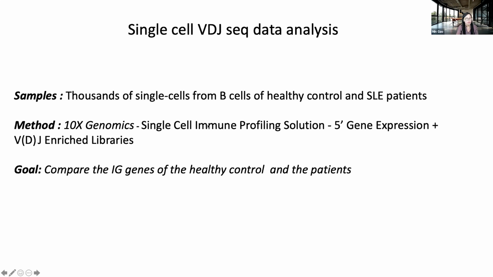Here is an example. We use samples of B cells from healthy controls and SLE patients. We did the single cell RNAseq and single cell VDJ-seq. We want to compare the usage of IgH genes in healthy controls compared with the SLE patients.